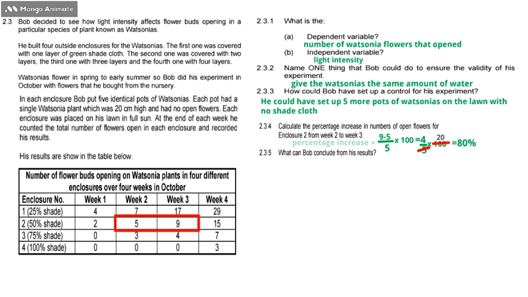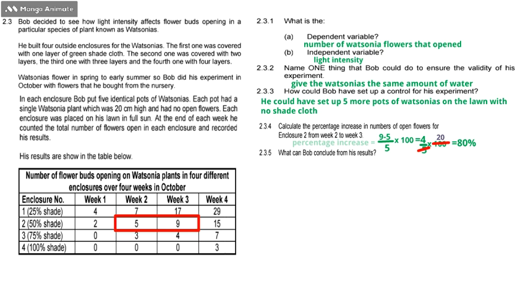Now we come to question 2.5. What can Bob conclude from this result?